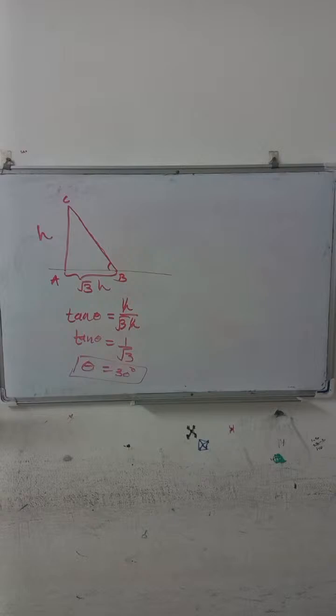The angle of elevation of the sun is: option A, 30 degrees; B, 45 degrees; C, 60 degrees; D, 90 degrees.